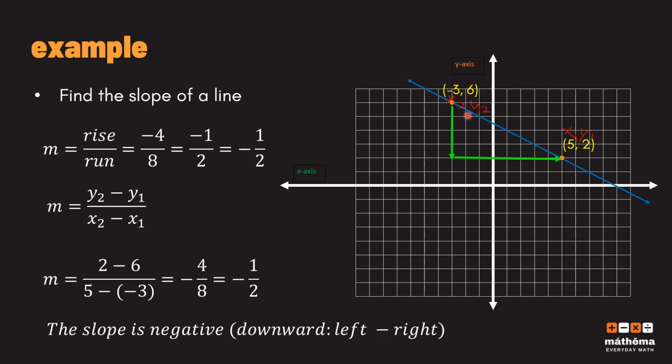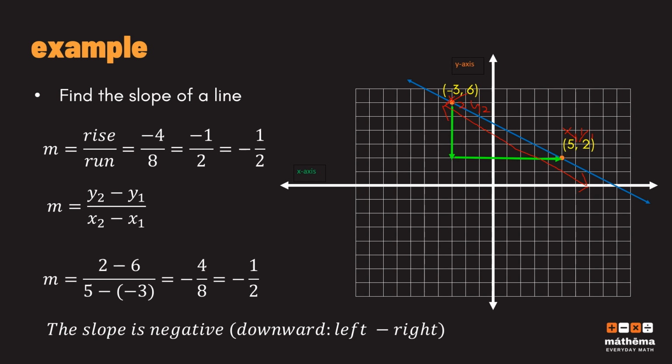So the form of our graph actually is downward, left to right. As you can see here, the graph is going downward from left to right. So that is how to identify the slope of a line.